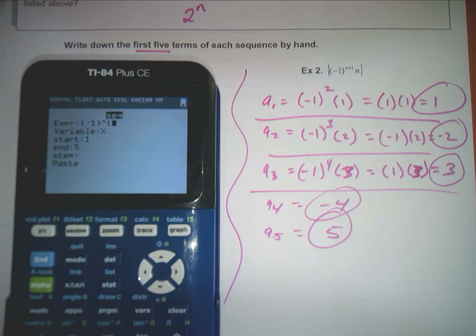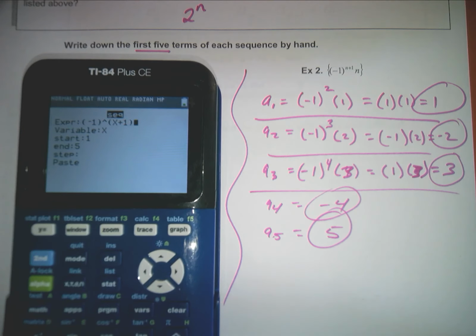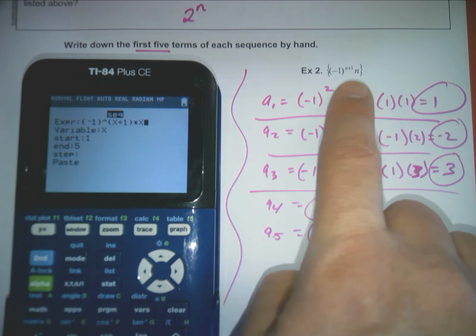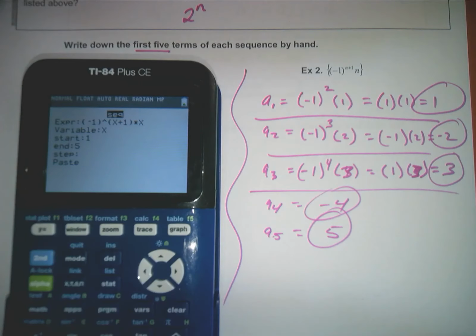So parentheses, x plus 1, close it. And then that's times x. So times n, which is just times x. So instead of -1 to the n plus 1 times n, I have -1 to the x plus 1 power times x. Again, I'm using x as my variable. I'm going for the first term, a sub 1 to 5, and then I paste it.